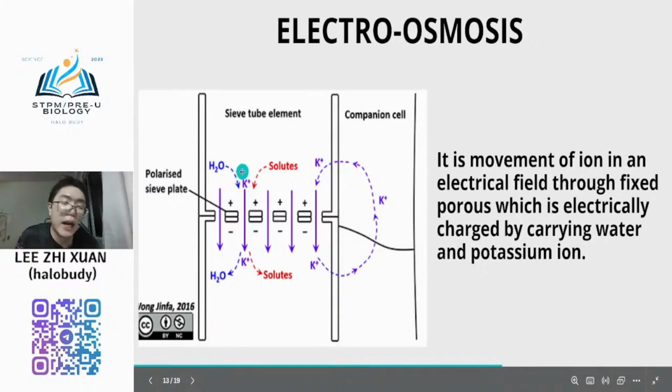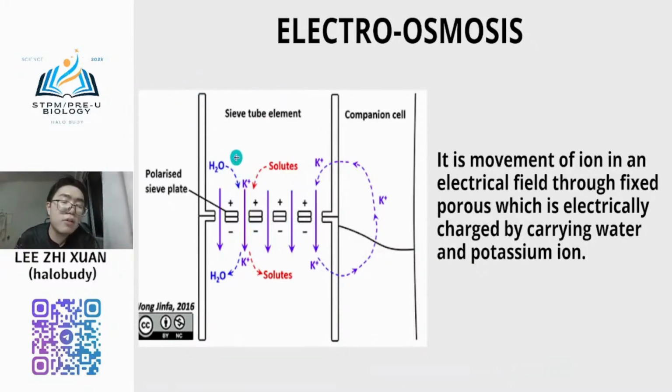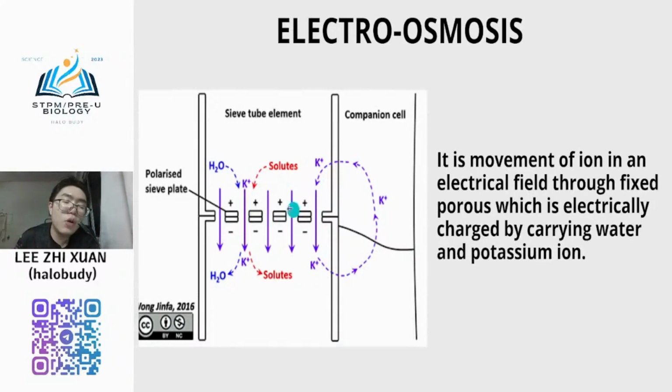So hydrogen ions from any part of the cell will start to diffuse into the sieve tube element, so that the charge above the sieve tube element becomes positively charged now.